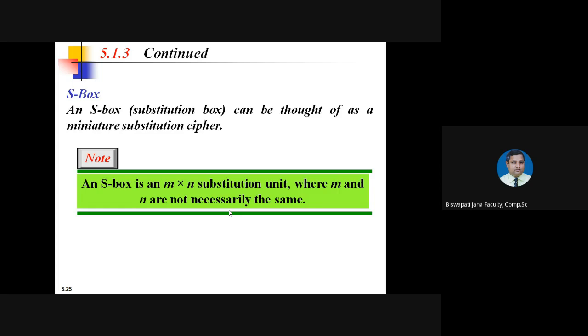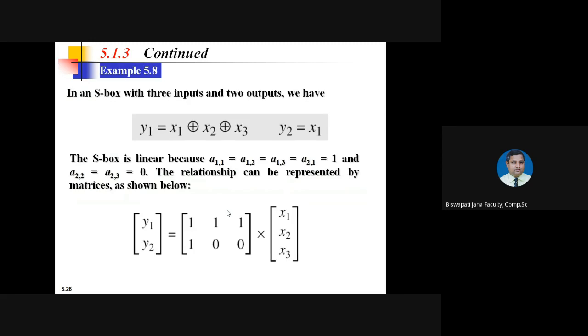S box is a substitution box, and that can be thought of as a miniature substitution cipher. S means substitute, P means permutation. So already we have discussed the permutation. Now come to the substitution. Substitution means we can give a new one in place of the old one. So for the substitution, suppose x1, x2, x3 are the inputs, and we take them and get y1 and y2.